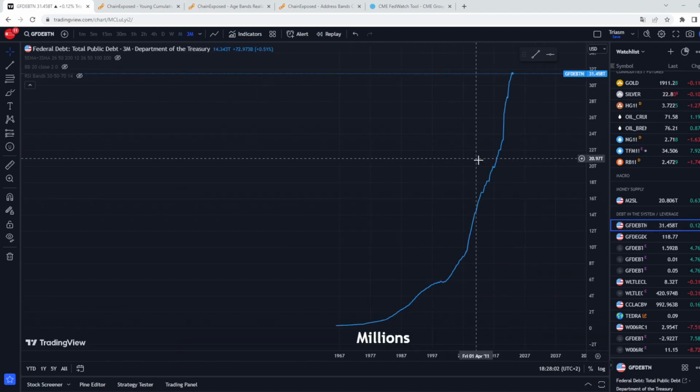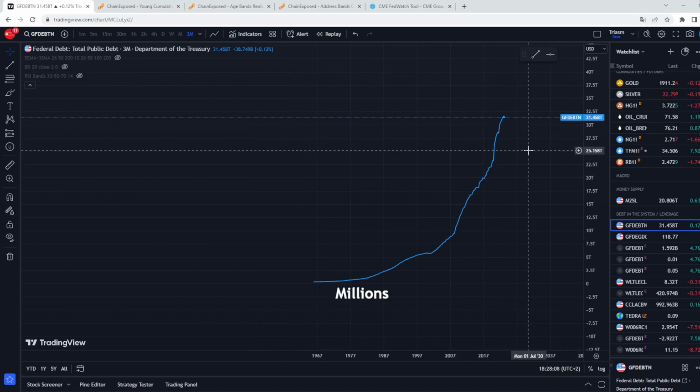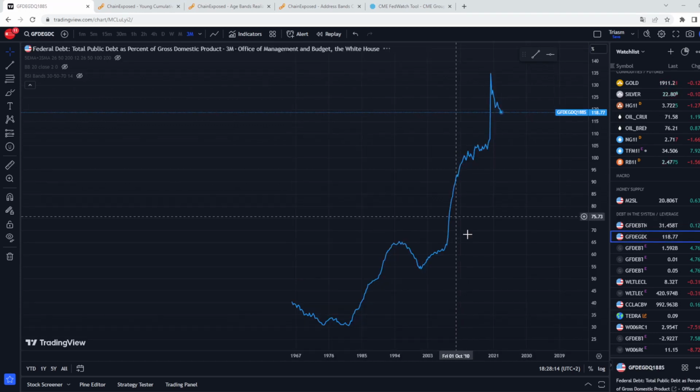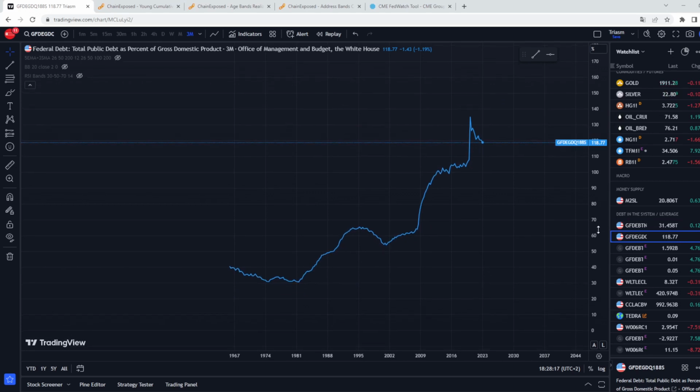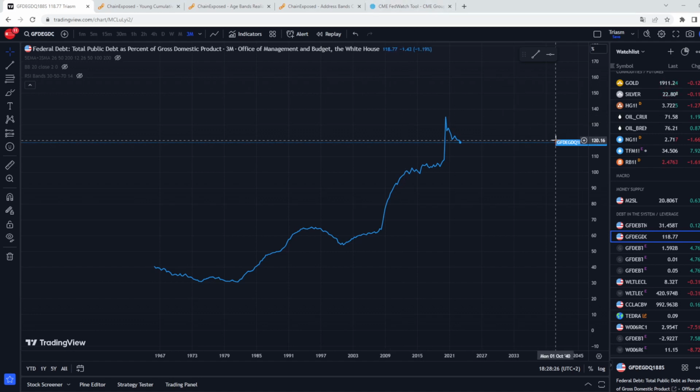Another thing that I saw earlier was right here. This is the federal debt, in millions, 31.4 trillion, and if we take that into account, we can take this as a percentage of the GDP of the USA, and we see that we came down from 2020's 130% to 180%, but we never got below even the latest high we made on a chart.